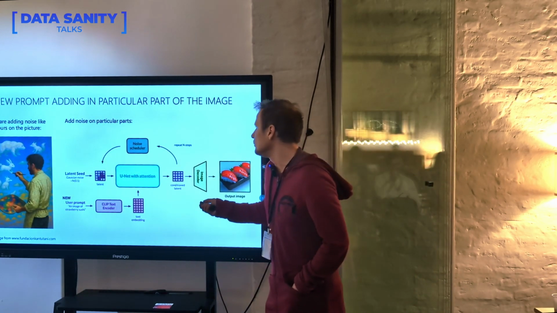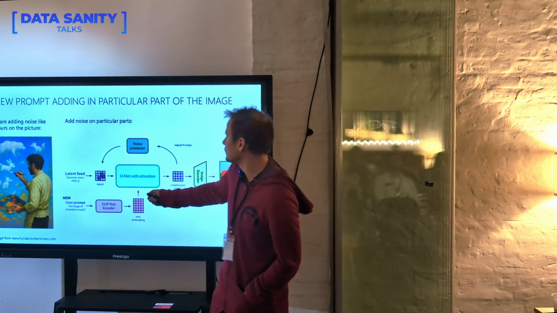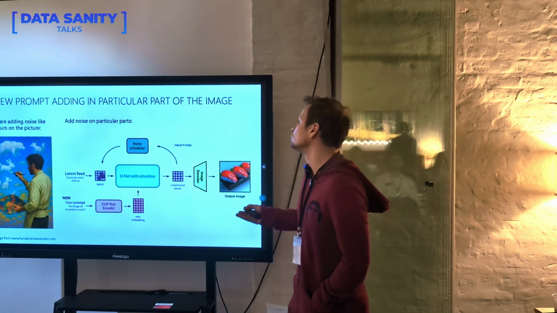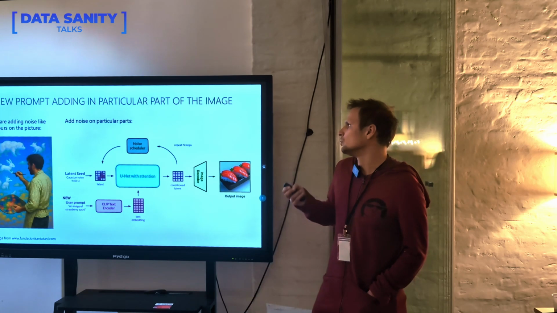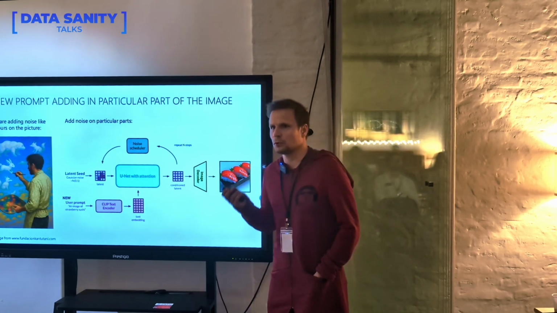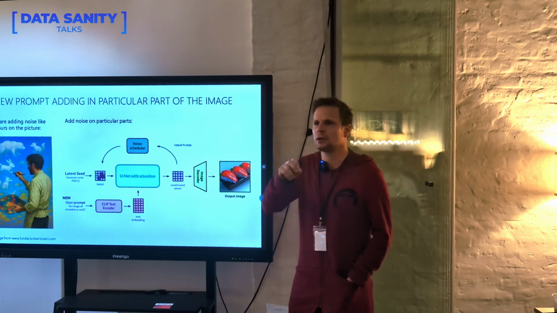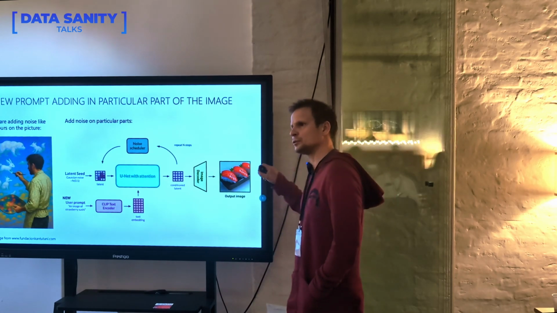So in our image, when we add noise, we add noise not on the whole image, but on particular parts, and then change this part of the image. Why is it so important to investigate this part of the process? Because as a next step, we can let the user select the part of the image they want to change, and then change particularly that part.